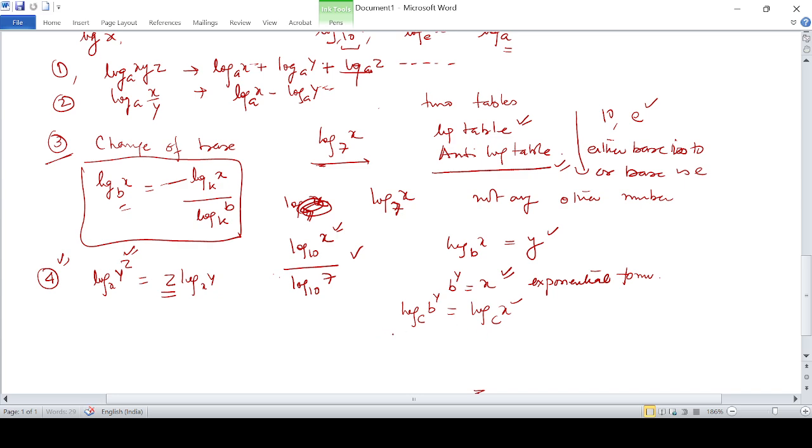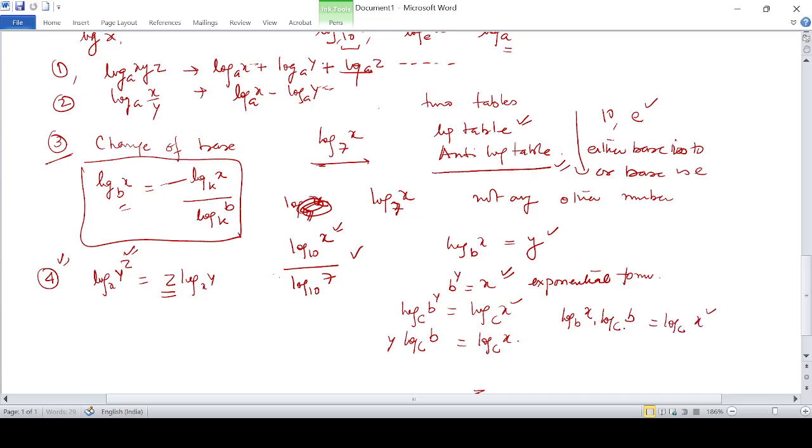So, here y times log_c b, the argument is b, is equal to log_c x. Now, y can be written as log_b x. So, log_b x into log_c b is equal to log_c x.